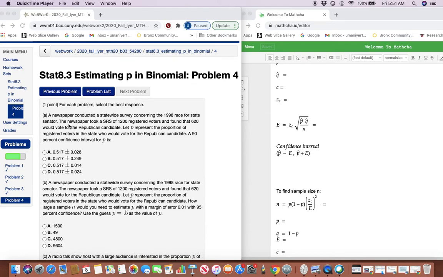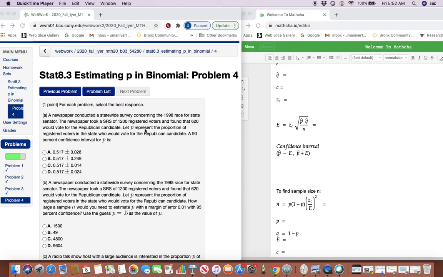Problem 4. A newspaper conducted a statewide survey concerning the 1998 race for state senator. The newspaper took an SRS, a survey of 1200 registered voters, and found that 620 would vote for the Republican candidate.